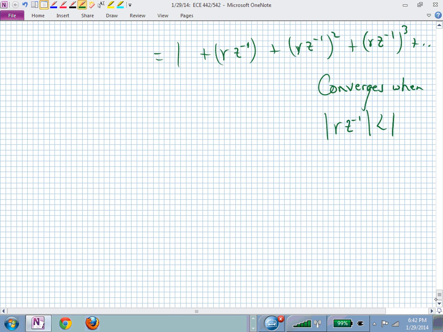Now we can do our trick that we learned maybe even in the first lecture, right? Except then it was a finite series. Now we have an infinite series.